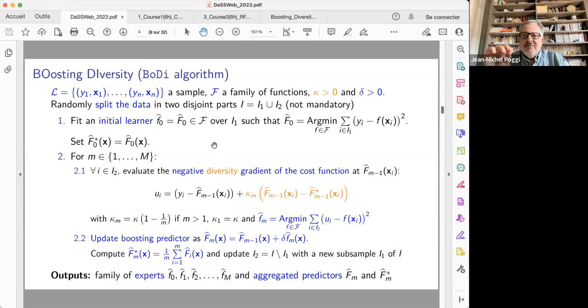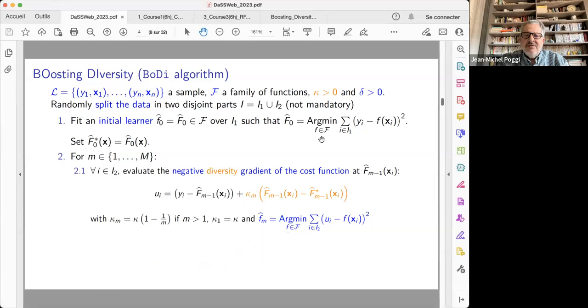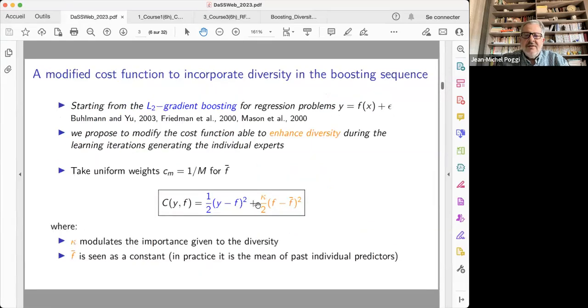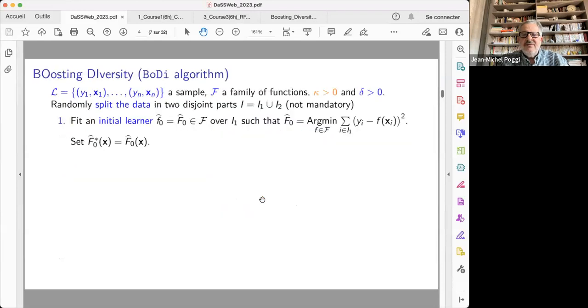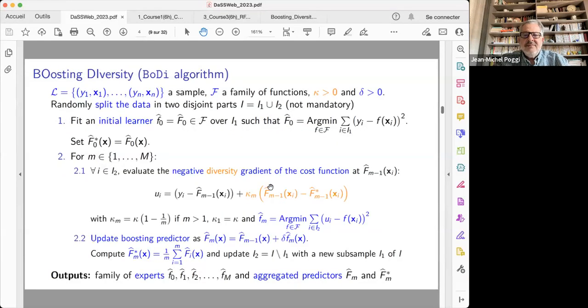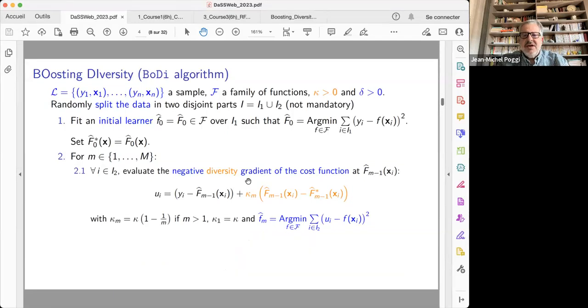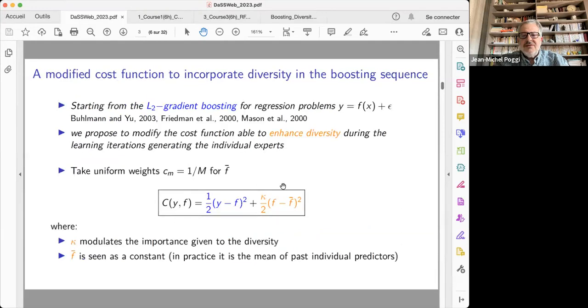The addendum we have made is the aspects in orange. So the kappa here is the one you have here. If you increase kappa, you increase the diversity in the sequence of the boosting algorithm. And this is the term which is a consequence of the change of the cost function by adding this diversity term.